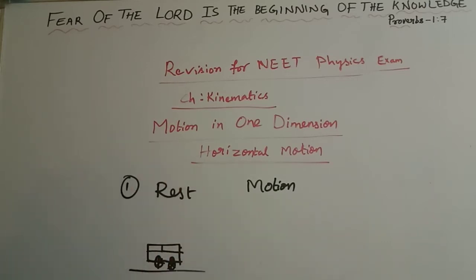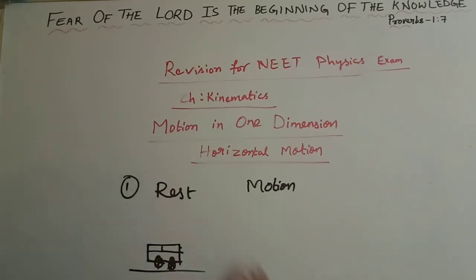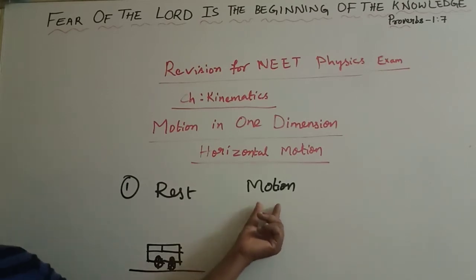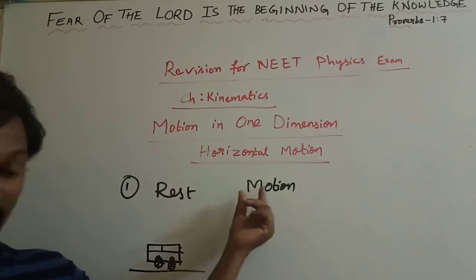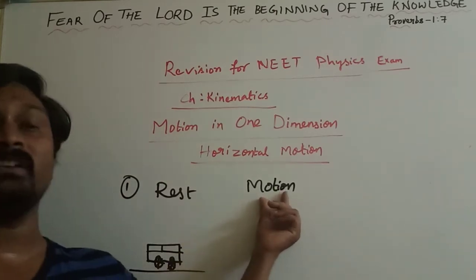And motion means, as you already know, if an object is moving, then the object is in motion. In definition form, an object is said to be in motion if its position changes with respect to its surroundings.